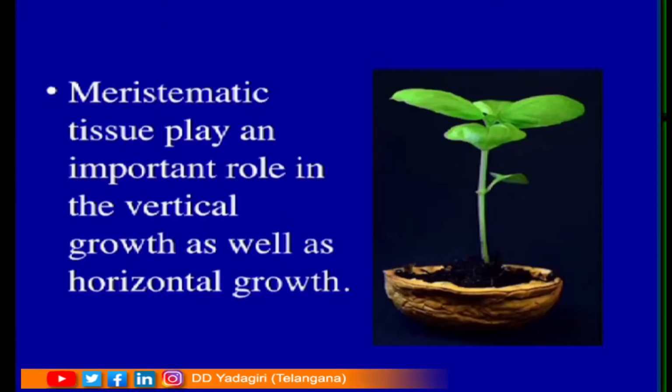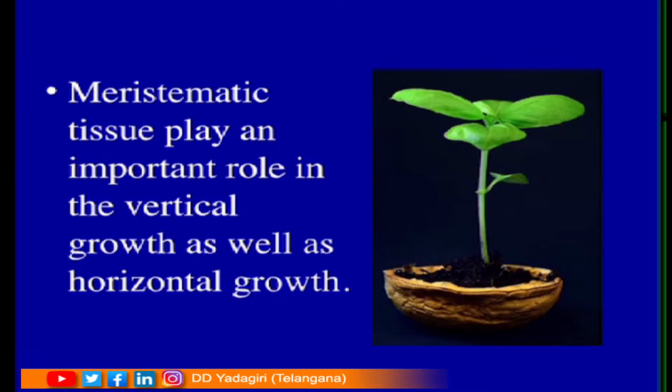Children, here you can see a small plant. What happens to the plant after 4 or 5 years? How does it look? Yes, it looks like a tree. It grows in height and it also grows in width. What makes it grow in height as well as in width?